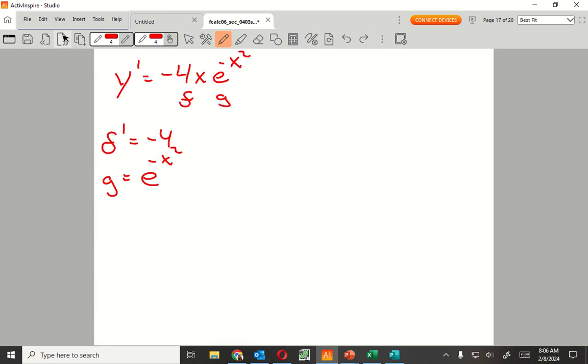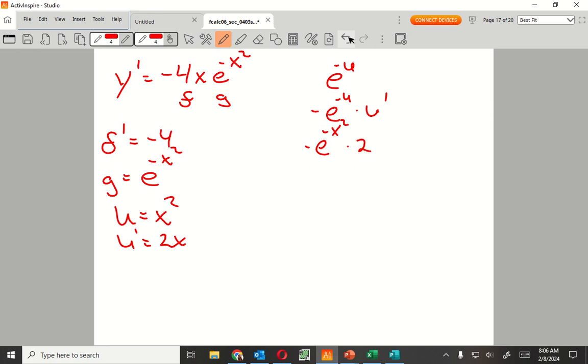All right, we'll do it. So let's see, the u is x squared, u prime is 2x, and then I'm going to have e to the negative u, so that's going to be negative e to the negative u times u prime, so negative e to the negative x squared times 2x.